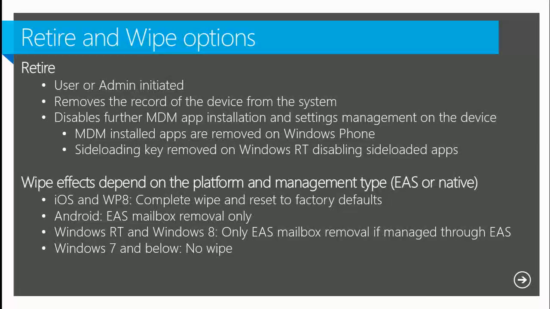And that's just the nature of the diversity that Android has. And then Windows 7 and below, because Outlook does not leverage EAS to connect to Exchange, there's no operation for earlier versions of Windows.